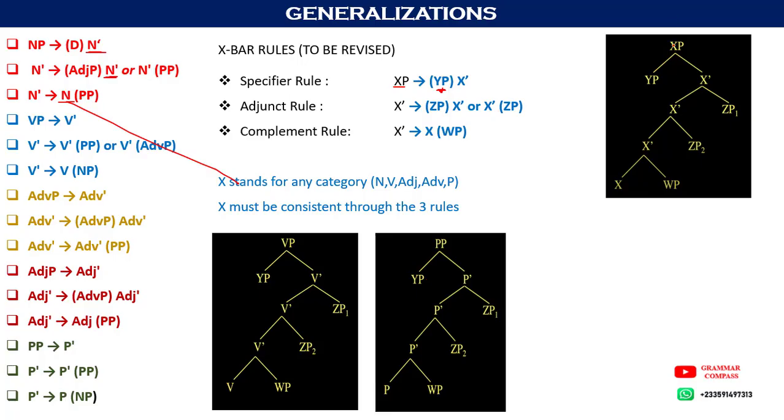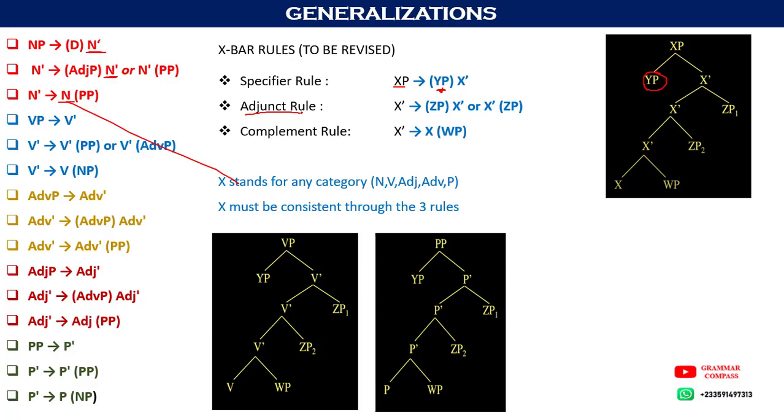So that is what we have here. The YP, which stands for specifiers, are optional, and it is only found in the noun phrase. So it is only in the noun phrase where you can get a determiner and then a bar level, the specifier rule.